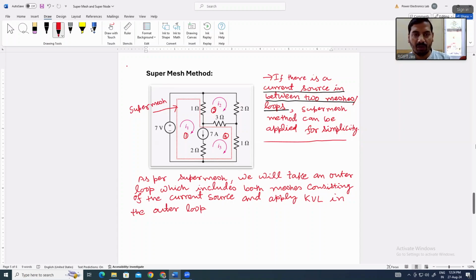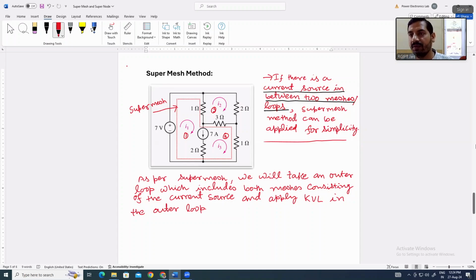So in this outer loop, we will apply KVL and write the KVL equation, just like in previous cases. And together with KVL, we have to apply KCL also, so that we can get another equation to solve the variables, because we have three variables, I1, I2, I3.